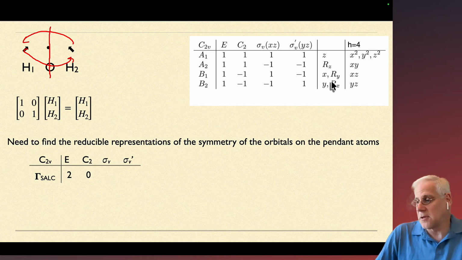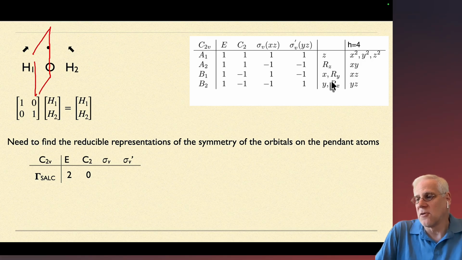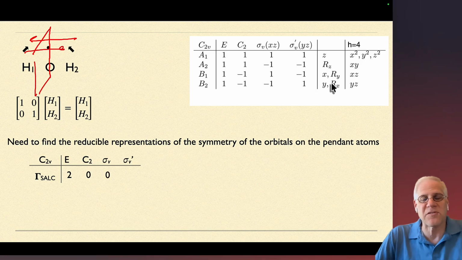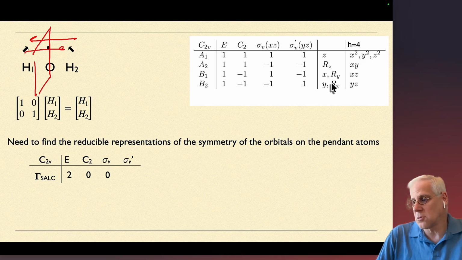If I do my sigma V, so my sigma V, I would have a plane right here, like that. So the H1 would reflect to H2, and this H2 would reflect over here. So that's also going to give me a 0 because neither the H1 or the H2 are in the same location.